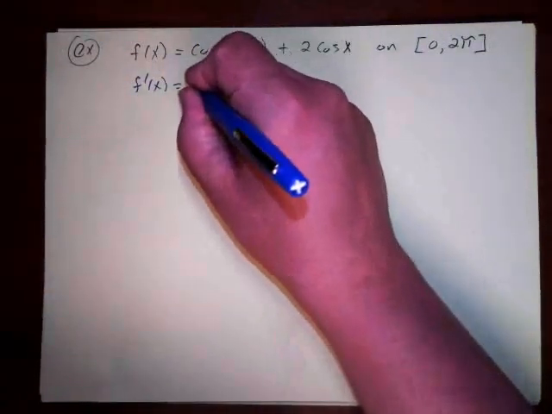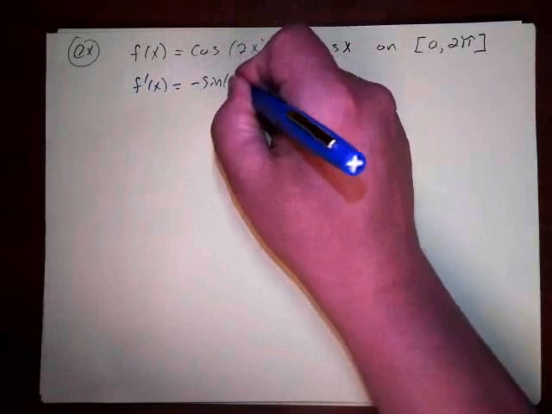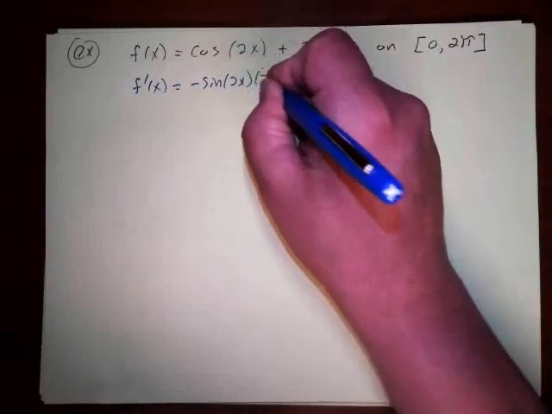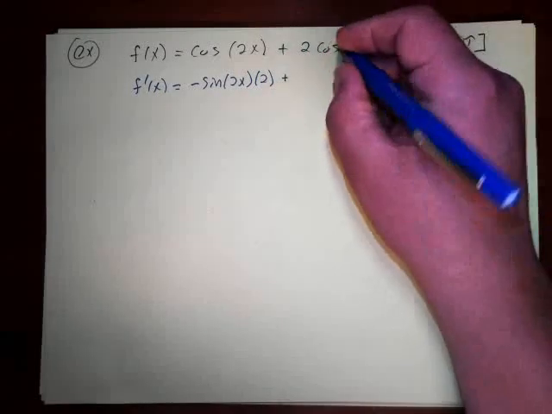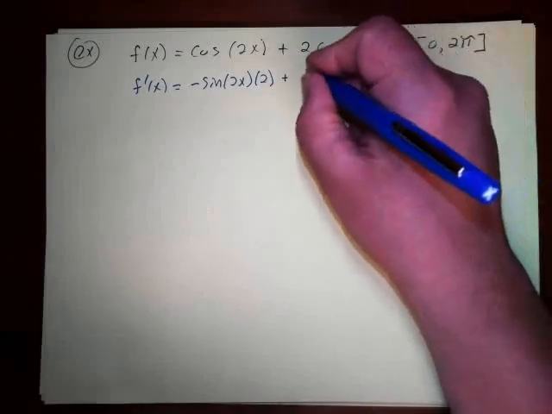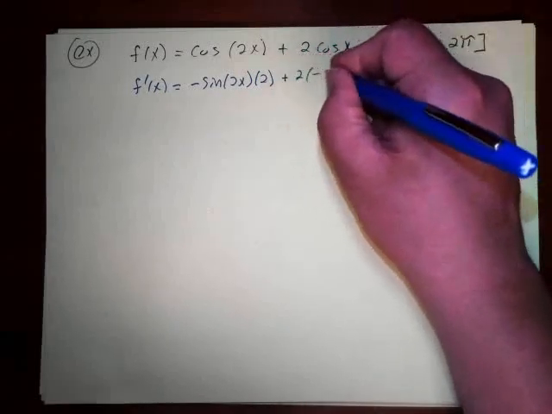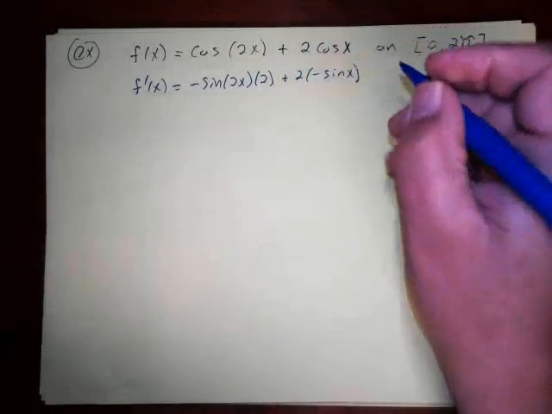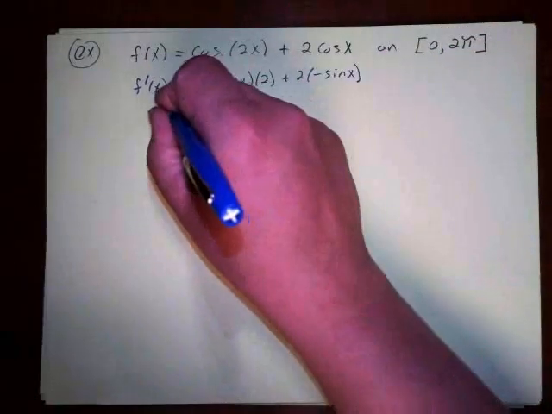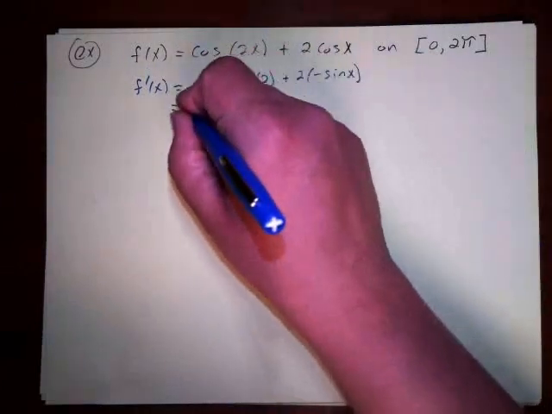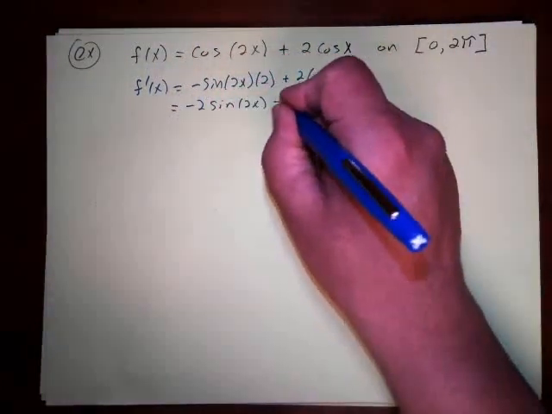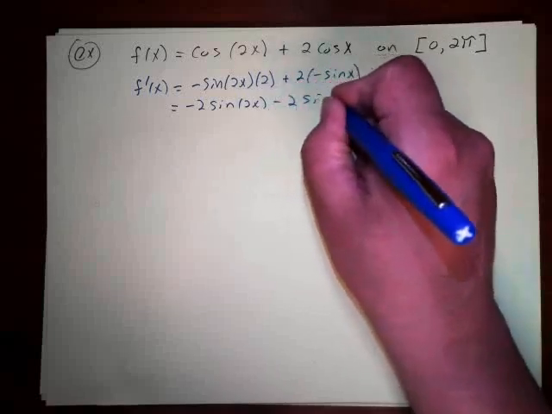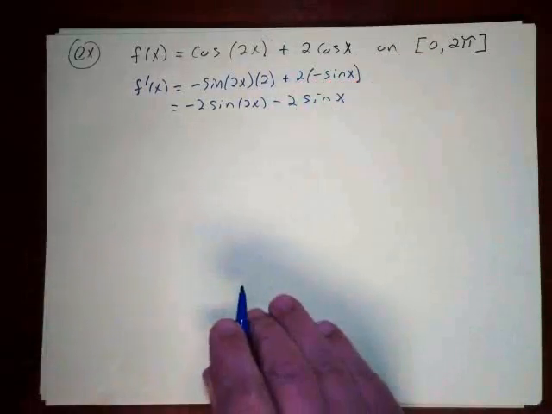So this would be like negative sine of 2x times 2 plus 2 times negative sine of x. So it would look like that. Now I could clean this up to negative 2 sine of 2x minus 2 sine of x. So it would look like that.